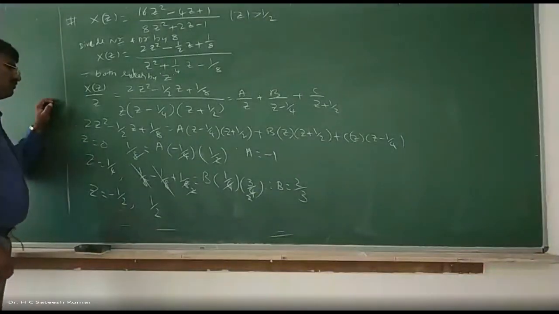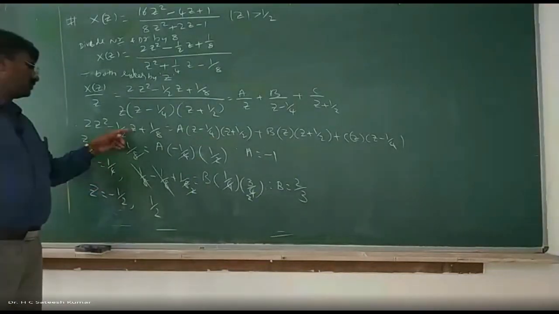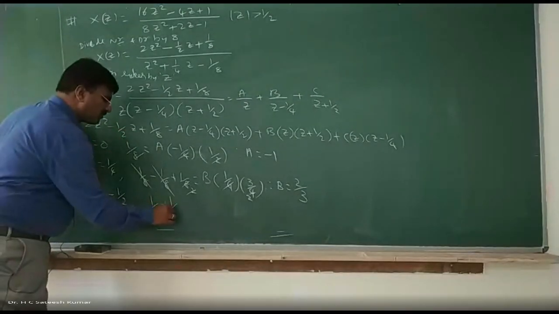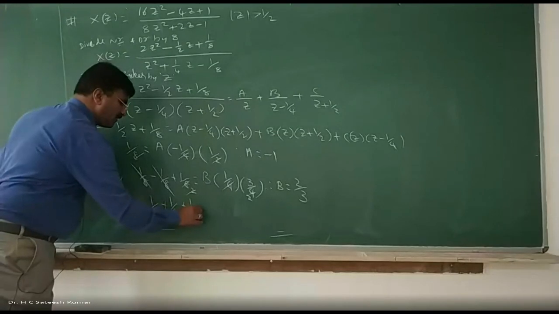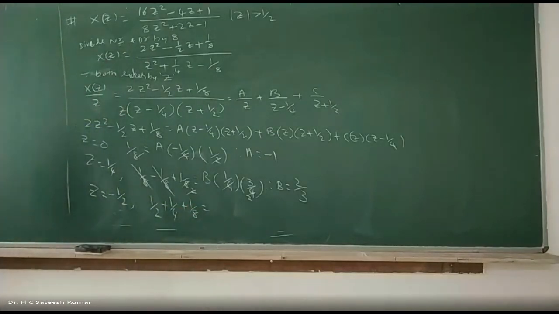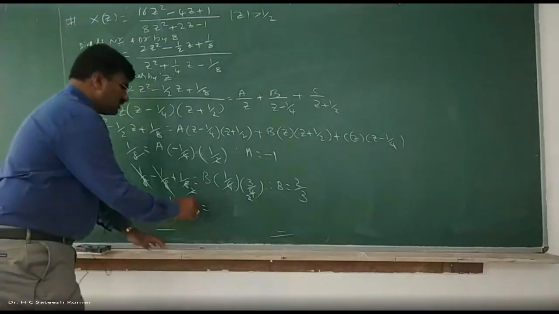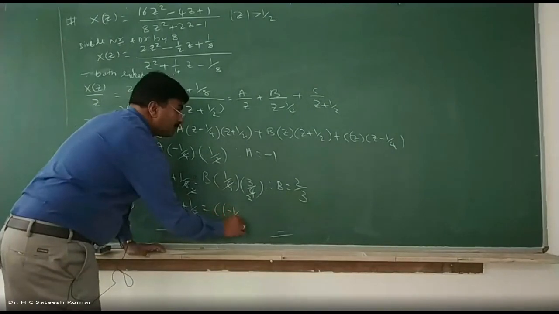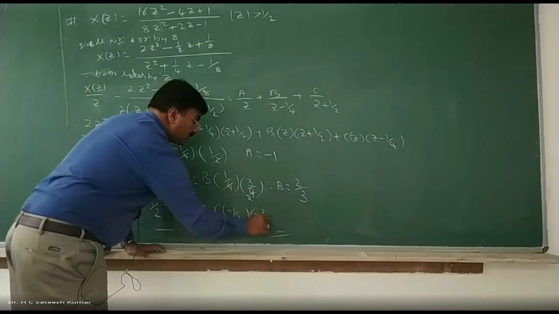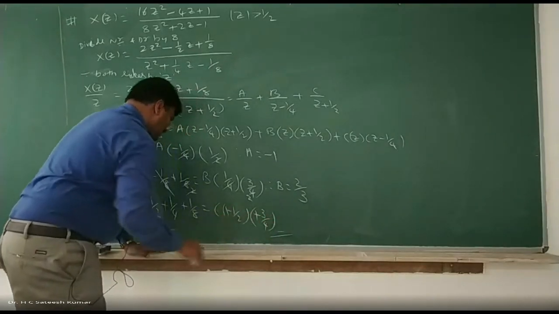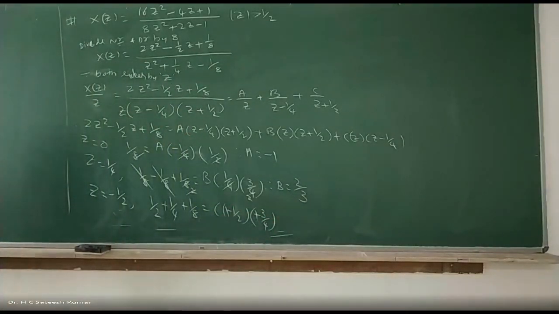And minus 1 by 2 into minus 1 by 2 is plus 1 by 4, plus 1 by 8, is equal to, minus half means this is 0, the last one is there. C into minus half, minus half minus 1 by 4 is minus 3 by 4. Minus gets cancelled. Okay, right.